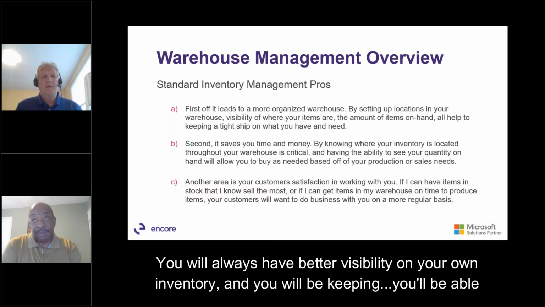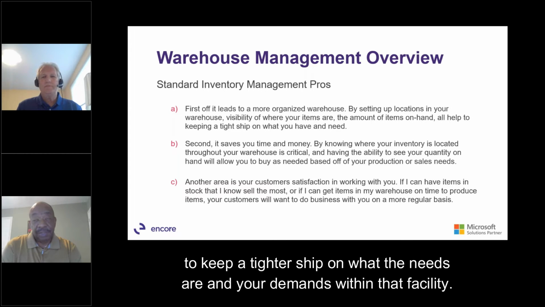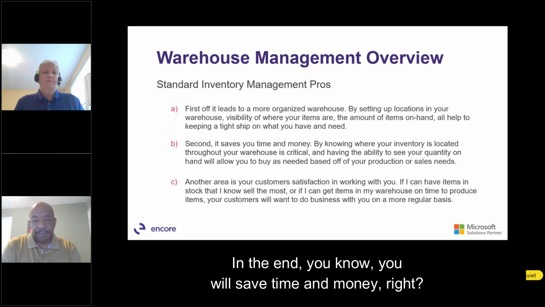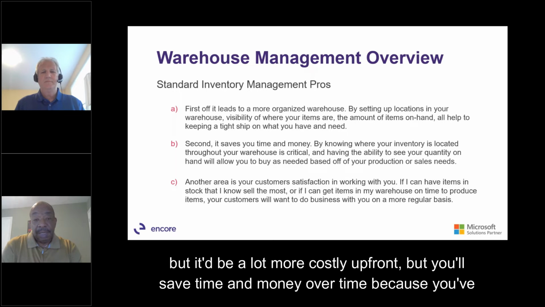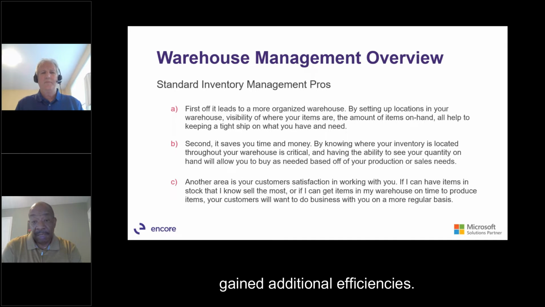You will always have better visibility on your on-hand inventory, and you'll be able to keep a tighter ship on what the needs are and your demands within that facility. In the end, you will save time and money. It'll be costly up front, and that's one of the cons, by the way, but it'll be a lot more costly up front. But you'll save time and money over time because you gain additional efficiencies.